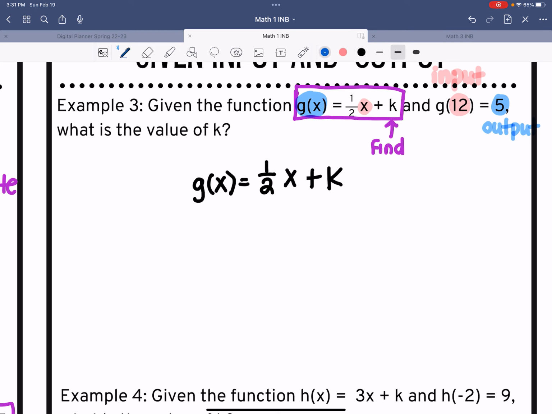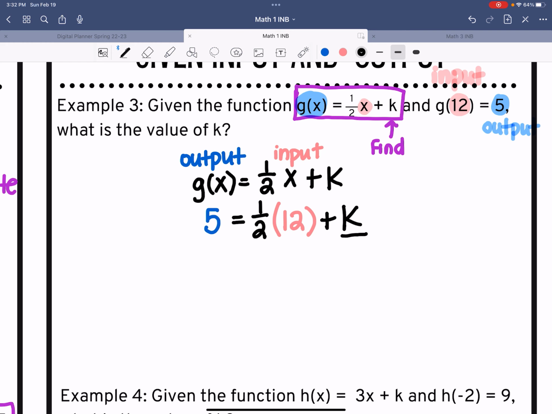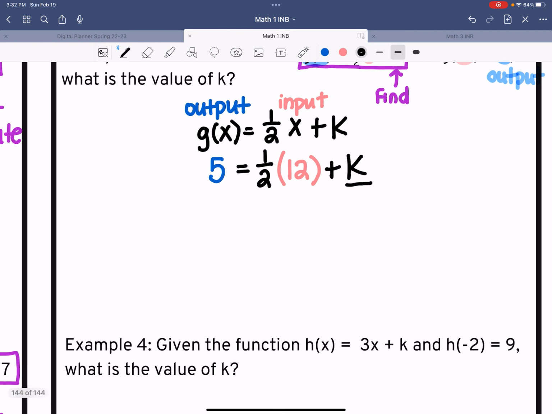So in the g of x spot, that is our output. So we're going to substitute the output, which is 5. In the x spot, we're going to plug in our input, which is 12. And then k is what we're solving for. That's what we're trying to find. So we just need to simplify.